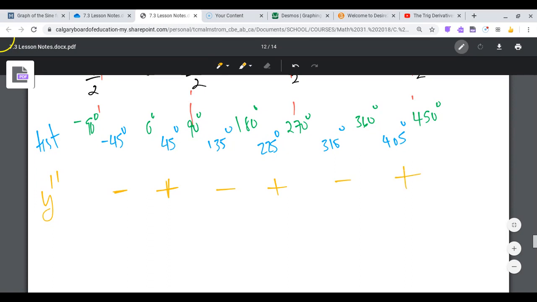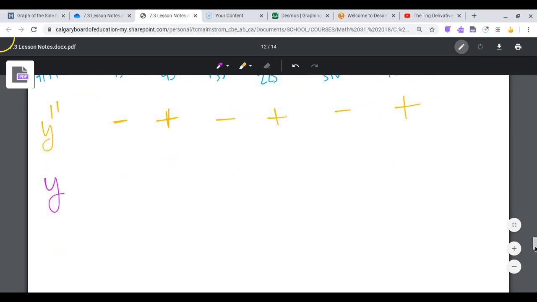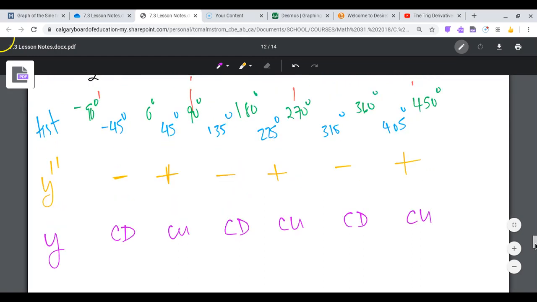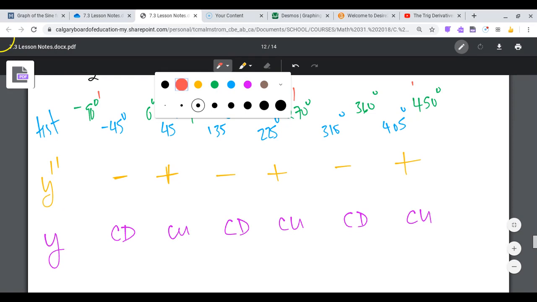Okay, feel free to pause the video and verify those in your calculator. What does that tell me about my function? That tells me that my graph is going concave down, concave up, concave down, and it's going alternating, concave down, concave up.